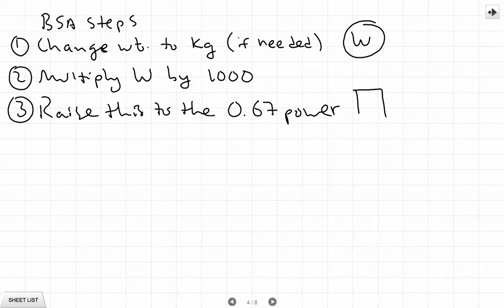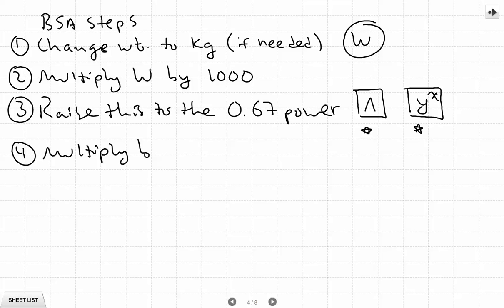So one of the following keys is going to end up being on your calculator somewhere. So you may have a key like this, which has a little caret symbol, which means exponentiation. Or you may have a key that actually looks like an exponential expression, but you're going to use that. And then we're going to multiply by 10.1.